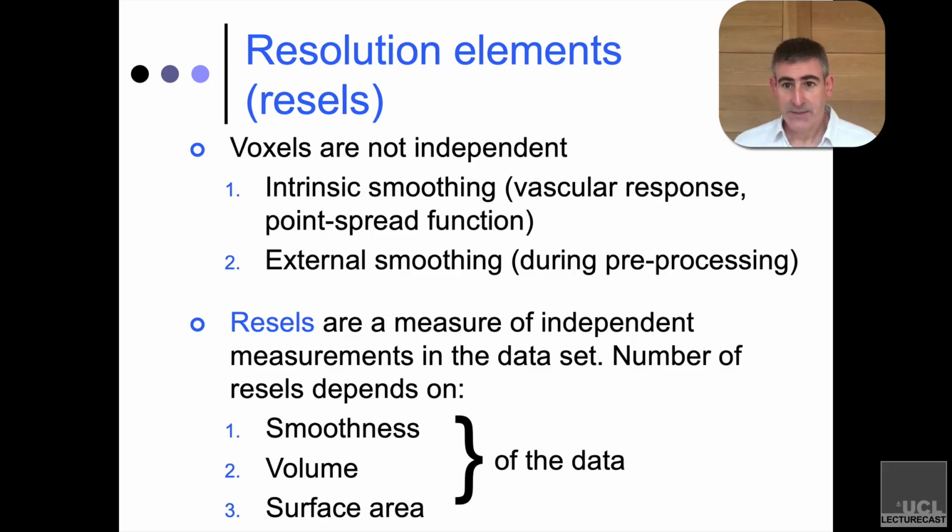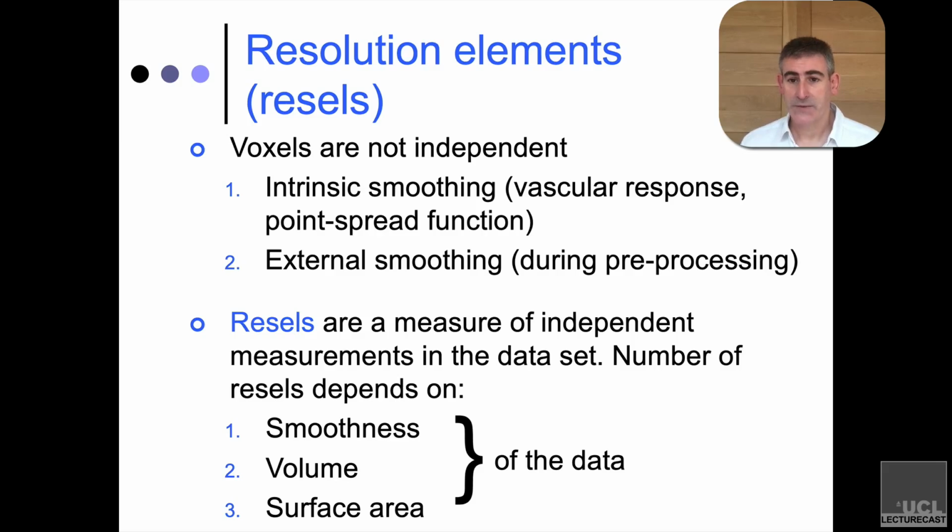Okay, so the way to start this is by talking about resolution elements, or resels. I'm probably just going to refer to them as resels rather than resolution elements from here on out. The point is that if we're just doing things on a voxel-wise level, the individual voxels aren't independent from one another.